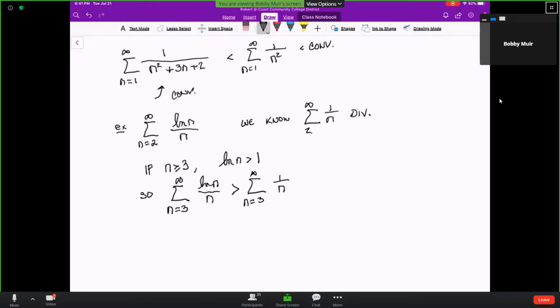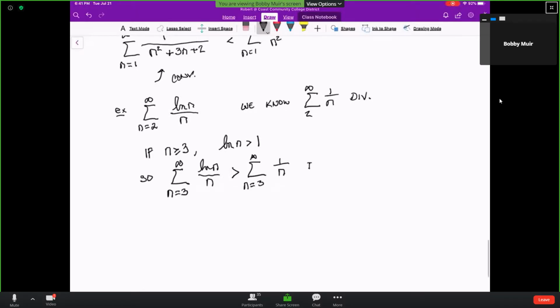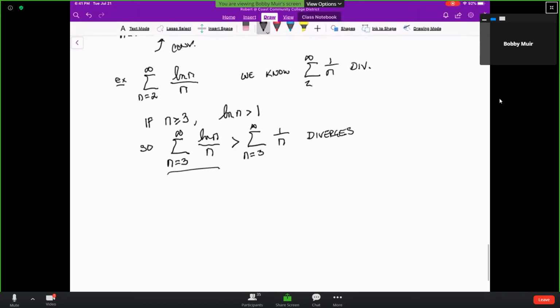And since this guy diverges, and this guy is in front of a diverging series, we must have that the sum from n equals 3 to infinity of the natural log of n over n diverges.